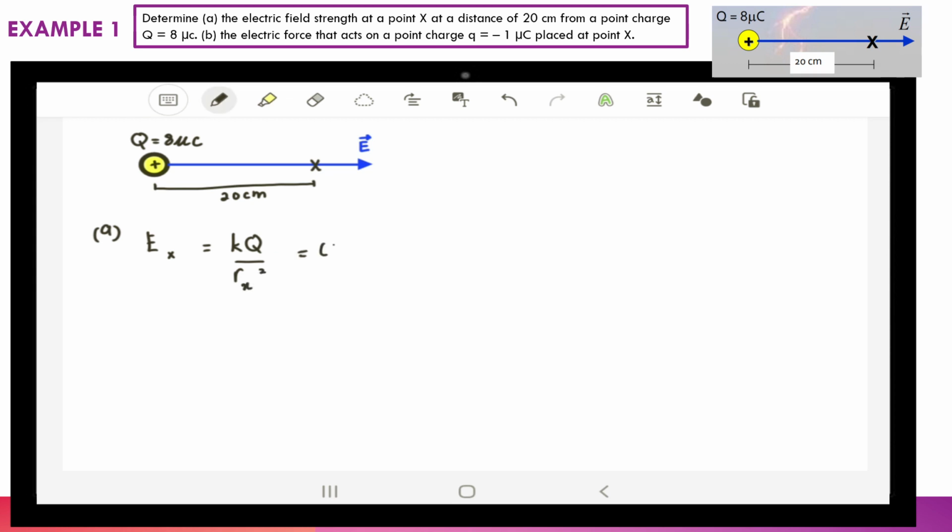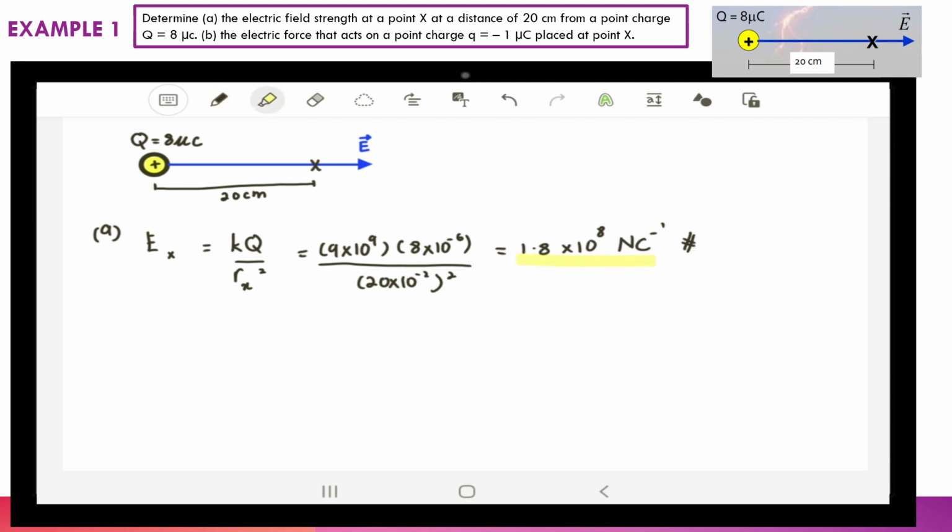So it's equal to 9 times 10 power 9, and the charge is 8 microcoulomb, and the distance from X to the positive 8 microcoulomb is 20 centimeter, squared. So press your calculator. The answer is equal to 1.8 times 10 power of 8 Newton per coulomb. So this is the answer.